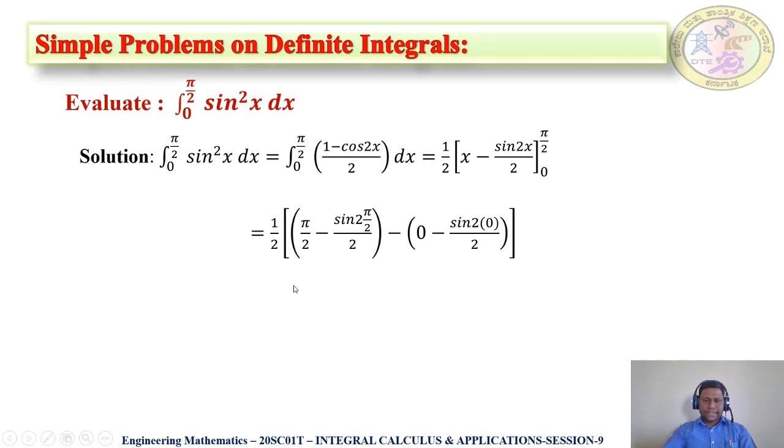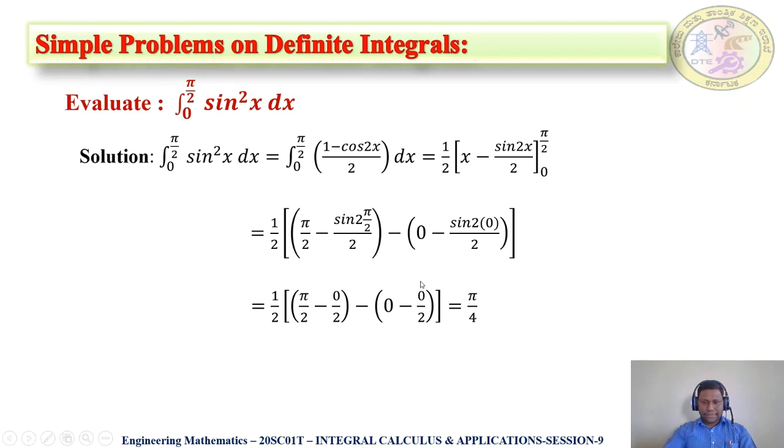If we simplify this, pi by 2 remains as it is. Here 2 gets cancelled. It remains with sin pi. Sin pi means sin 180 degrees, and sin 180 degrees is 0. So we get 0 divided by 2. And here, sin 0 is also 0.